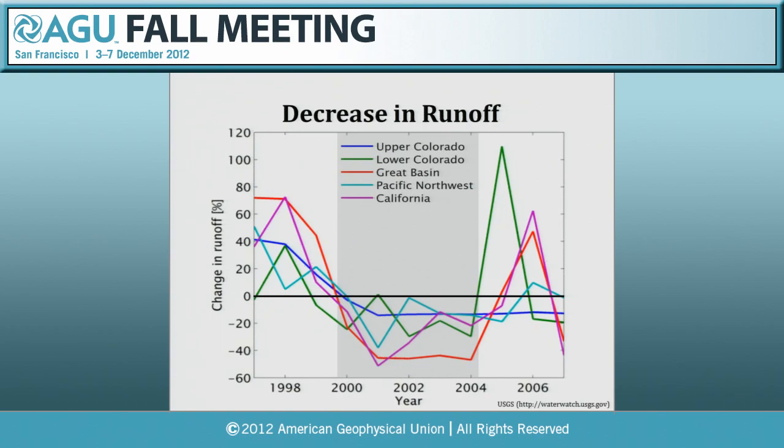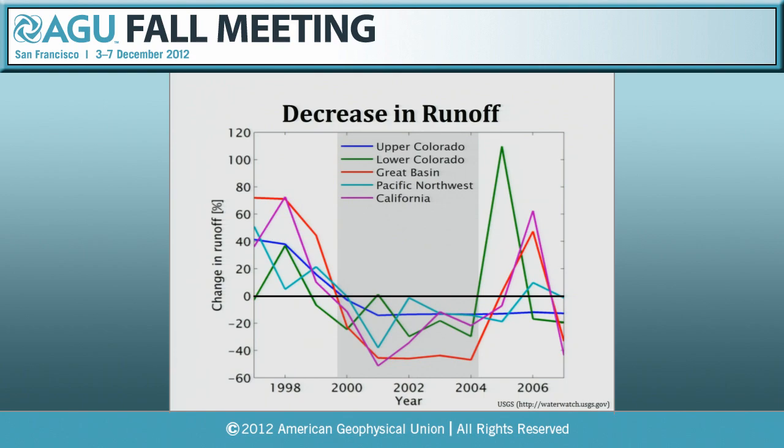Now, if you think about all of these, again, what I've generically called water consequences, one good way to really integrate all those is to look at water availability. And that's exactly what I'd like to show you now. So water availability for this particular slide is basically defined as surface runoff. These are the five large basins within the western United States.